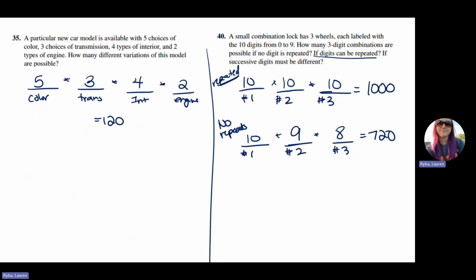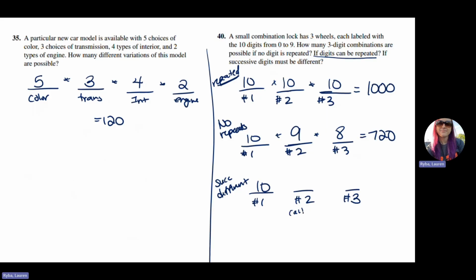All right, so the last one says, how many 3-digit combos if successive digits must be different? Successive, different. So that just means the second number you pick can't be the first number, and then the third number can't match the second number. So we still start with 10.